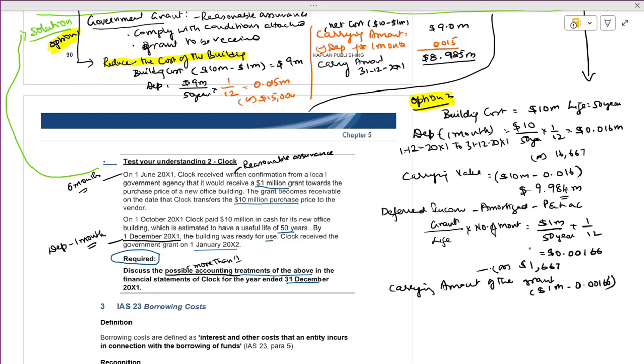It comes to 0.998333, or 998,333. This is the amount to be shown in the statement of financial position, and this is the amount to be shown in the profit and loss account. Very important.